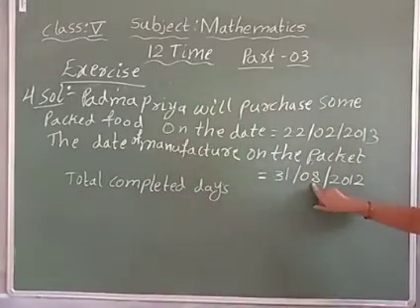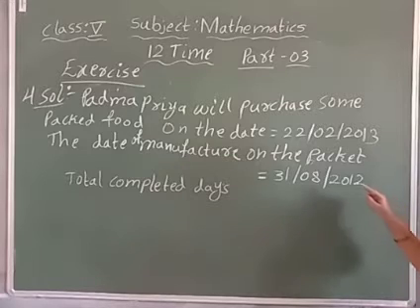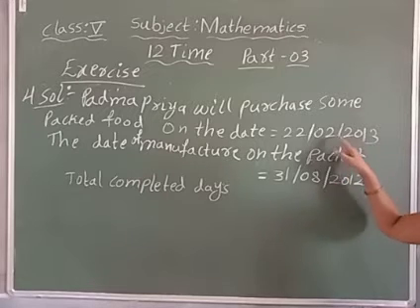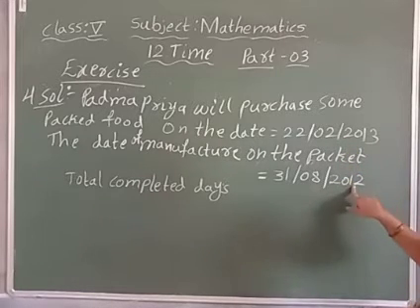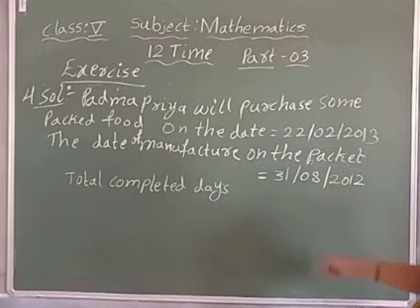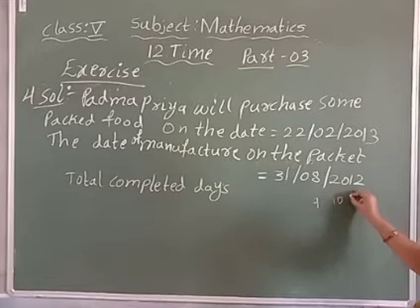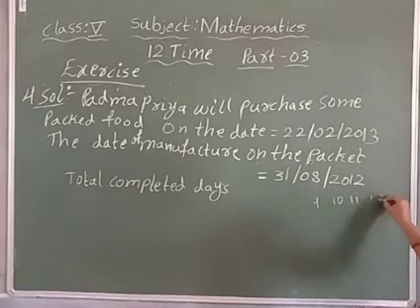Here, 8th month to 9th month is 1 month, 9th month to 10th month is 2 months. How many months are here? February too. So here 2012 only. So here 2013. 8th month, 9th month, 10th, 11th, 1st, 2nd.